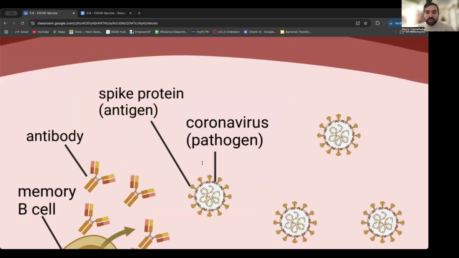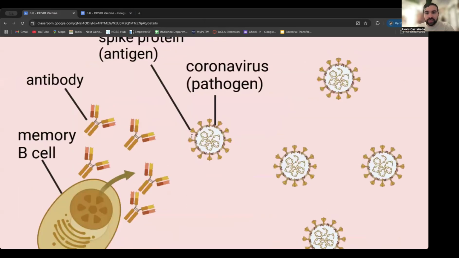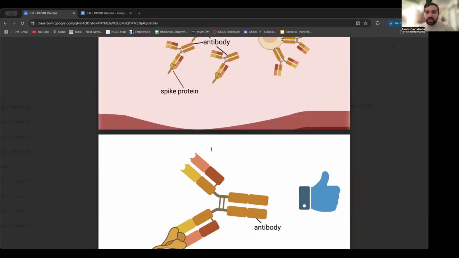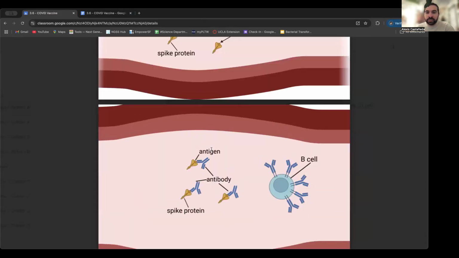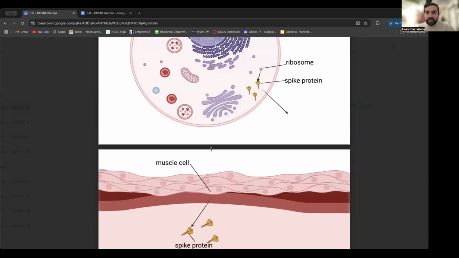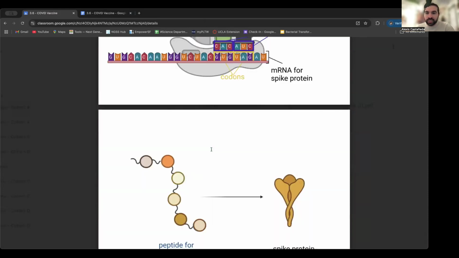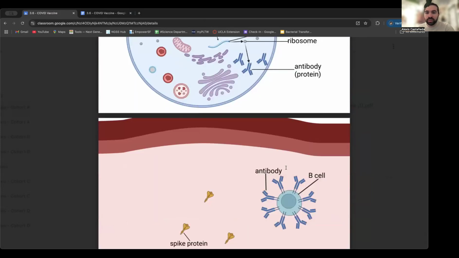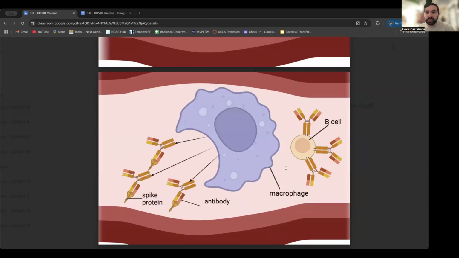What we happen to know is that on the surface of the coronavirus, we have a spike protein. That's actually what the antigen is, a spike protein.